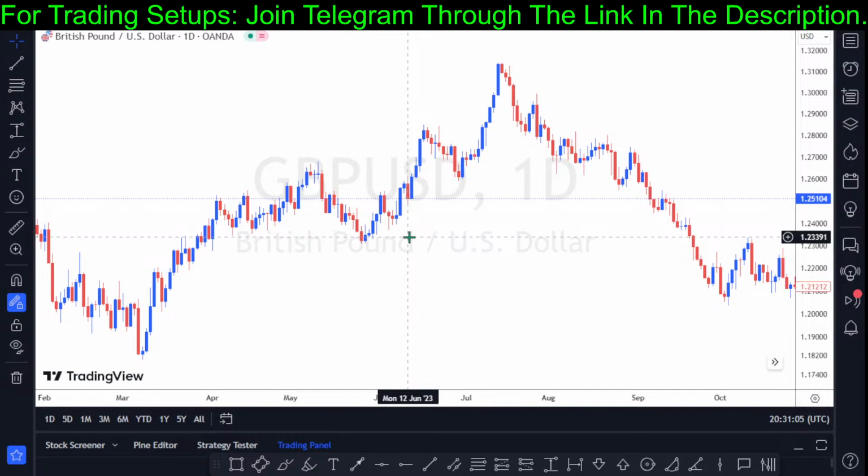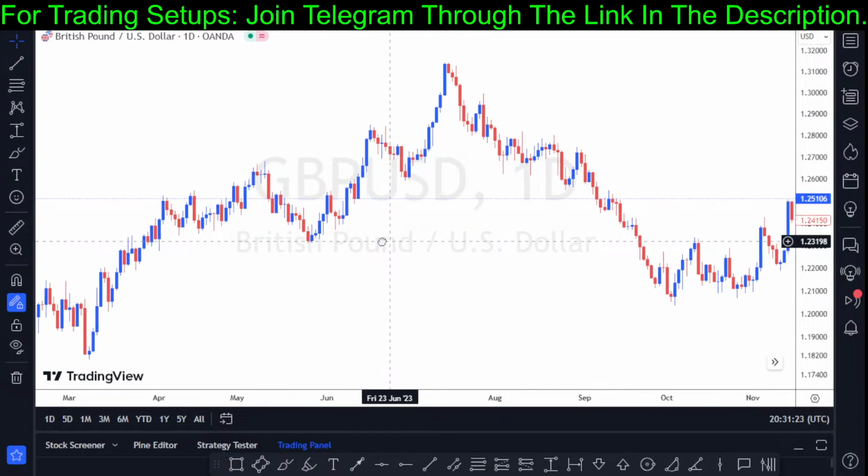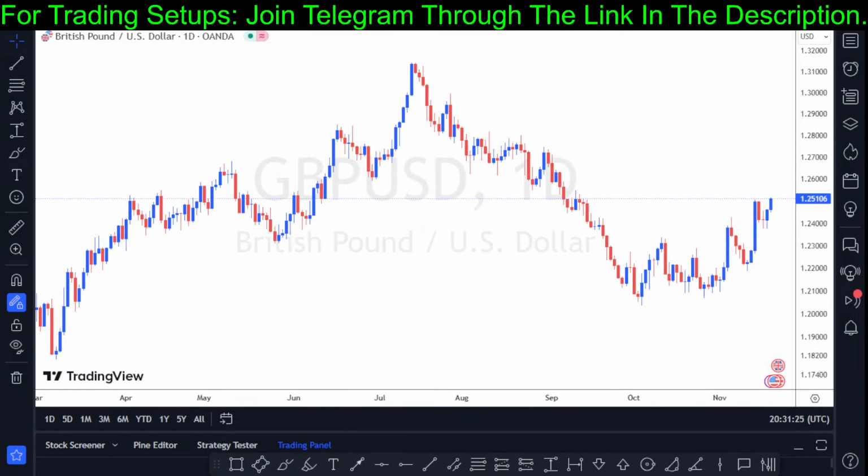The Fibonacci tool is made up of some figures, some numbers. These numbers are very important. They play an important role in the technical analysis of trading. So you need to know the important numbers of this tool, right?